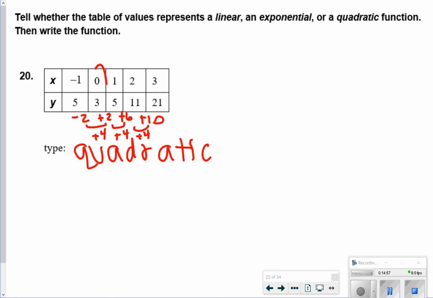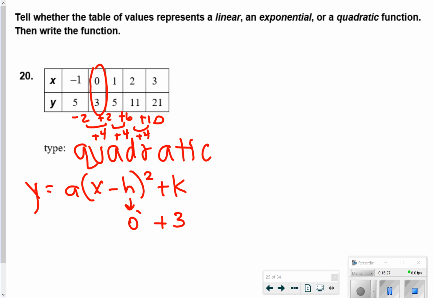That's going to maybe tell me my vertex. But more importantly, what I can do is use my vertex form. So y is equal to a times (x minus h) squared plus k. And then what I'm going to do is plug in my vertex, and then it goes through any of these points. So my h comma k, I'm going to do 0, 3.